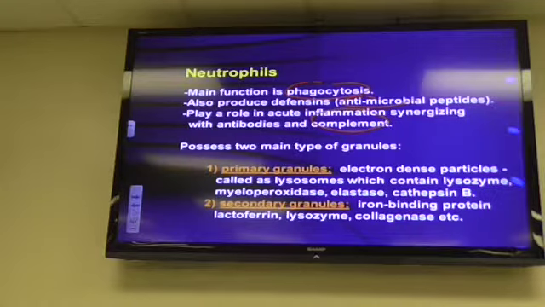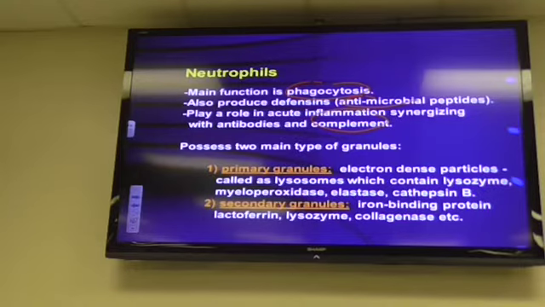But they also play a role in inflammation. That's not very common, but sometimes neutrophils come to the site of inflammation, such as, for example, rheumatoid arthritis. They come to the site and release their granules to the outside tissue.